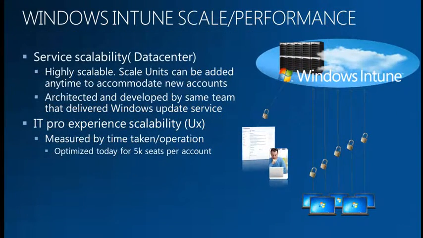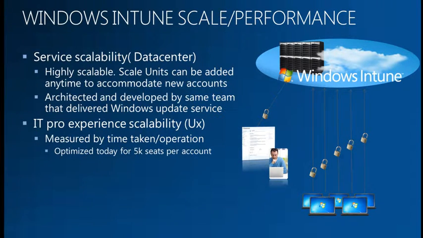So when it comes to scale, there are really two points I want to emphasize. The first thing is the backend scale. The backend infrastructure for Intune is really built on scale units which are geo-distributed across various regions. That's built on a logical scale unit model, and each scale unit supports multiple customers.